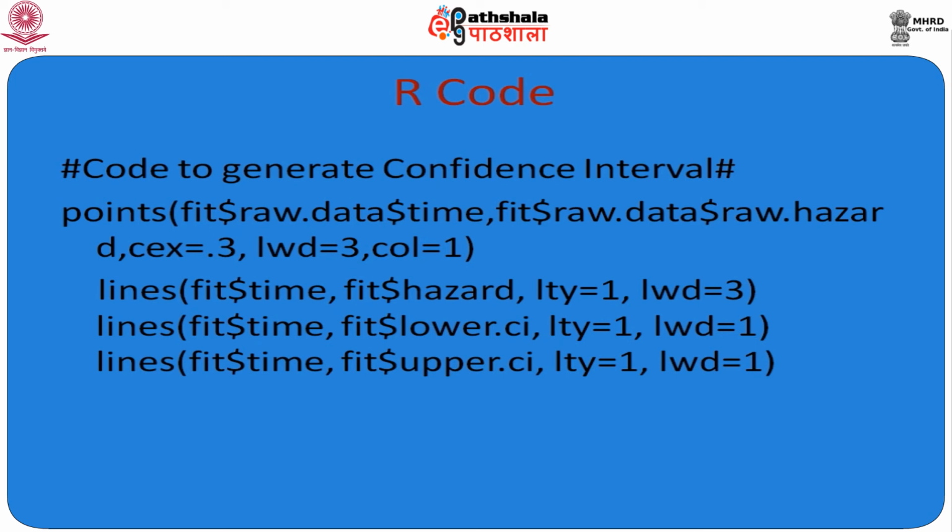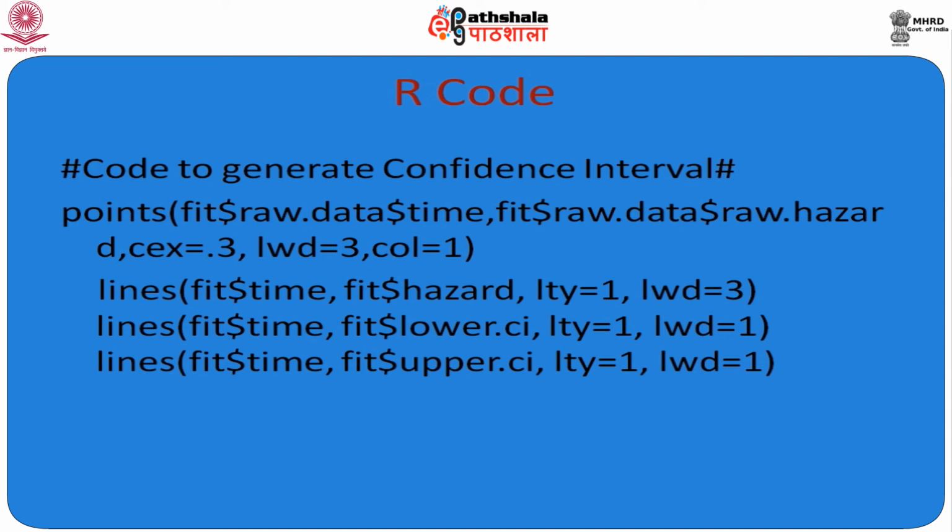You can change lty and lwd to get different types of graphs, different colors and different widths of the plotted lines. Here we are putting lty equal to 1 and lwd 1 for the lower and upper confidence intervals, and lwd 3 for the point estimates, to represent the confidence interval separately from the point estimate of hazard.